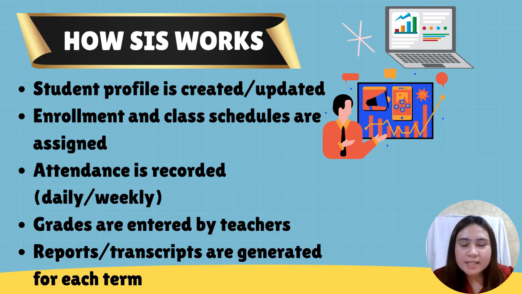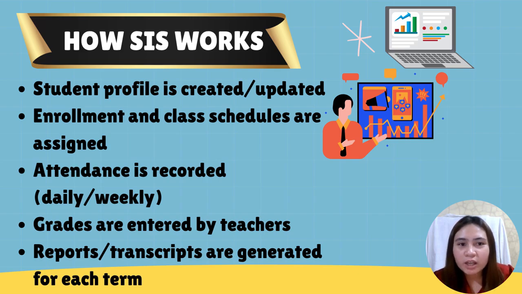Now, let us discuss how a student information system, or SIS, works in managing student information. A student information system works by collecting, storing, processing, and managing student information in one digital system.